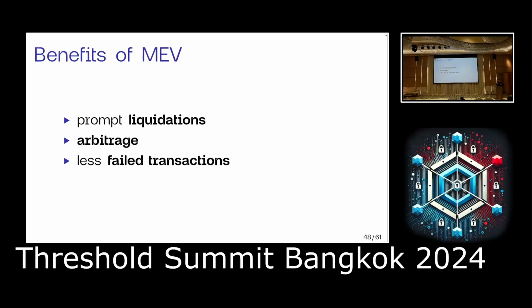And there are systems like Flashbots where you can reduce the number of failed transactions that eat up space in the block because people submit their transaction with the instruction to simulate it before including it. And as a result, the failed transactions are discarded by Flashbots or similar services and don't end up on chain.